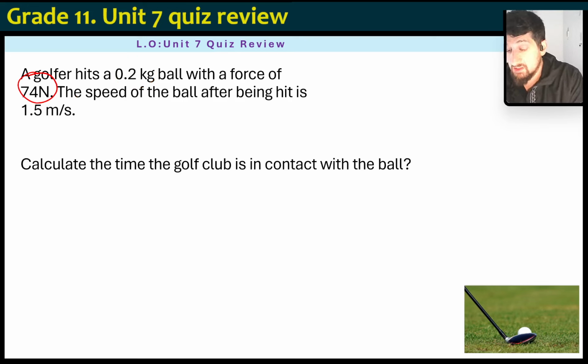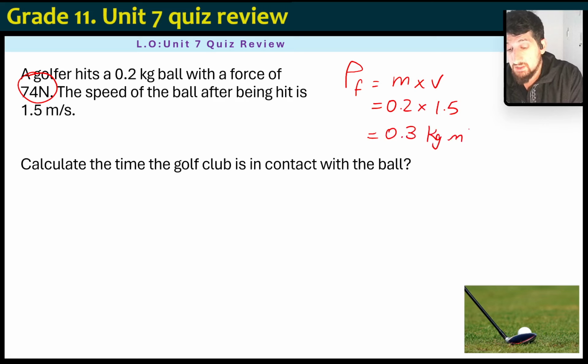The momentum after is going to be mass times velocity. So final momentum, P final, is mass times velocity, which equals 0.2 multiplied by 1.5, which is equal to 0.3 kilograms meters per second. So that's the change in momentum essentially. That's final momentum as well as change in momentum because P initial equals 0.